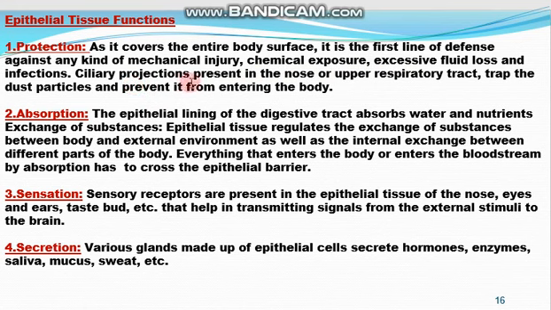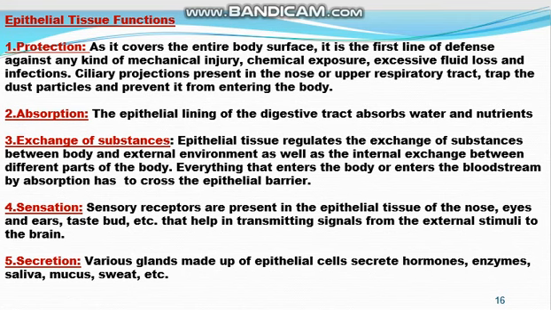And ciliary projections present in the nose or upper respiratory tract trap the dust particles and prevent it from entering the body. So this is the first function of the epithelial tissue, that it serves as a protection material.